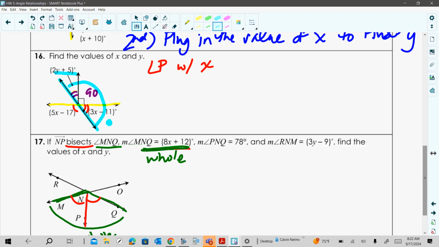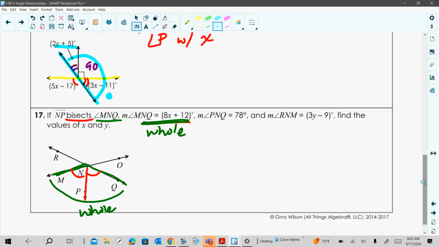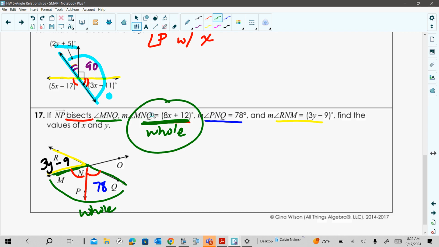All right, so we've got the whole angle here, and then they tell us that PNQ is 78 right there. And then our RNM, that is way over here, that is the 3y minus 9. You need to use the whole angle, meaning if that's 78, then it's 78 over here, which means the whole angle is what value?